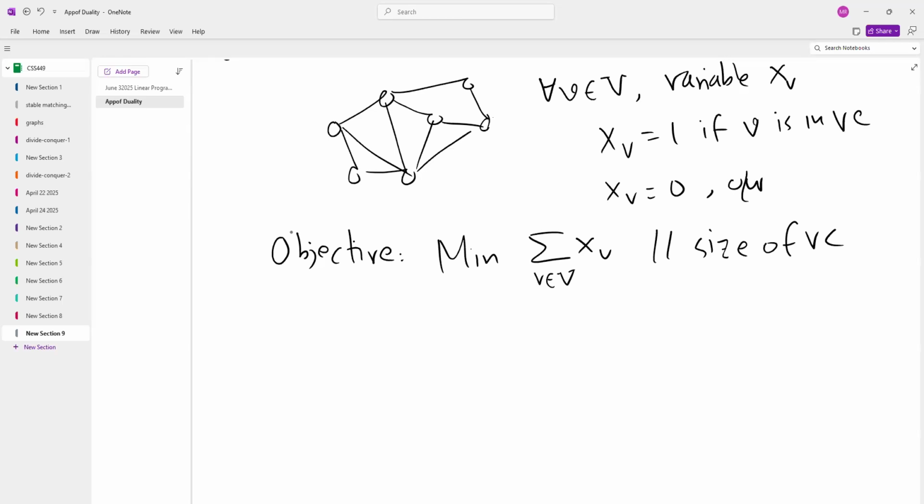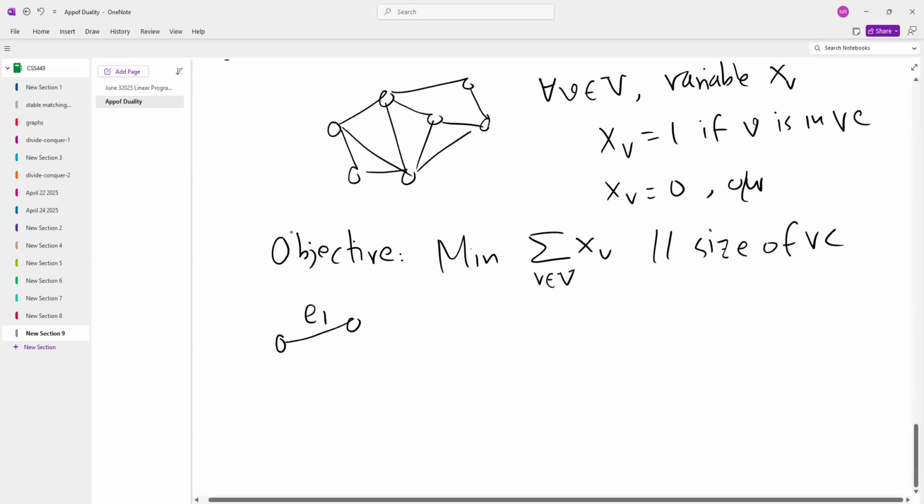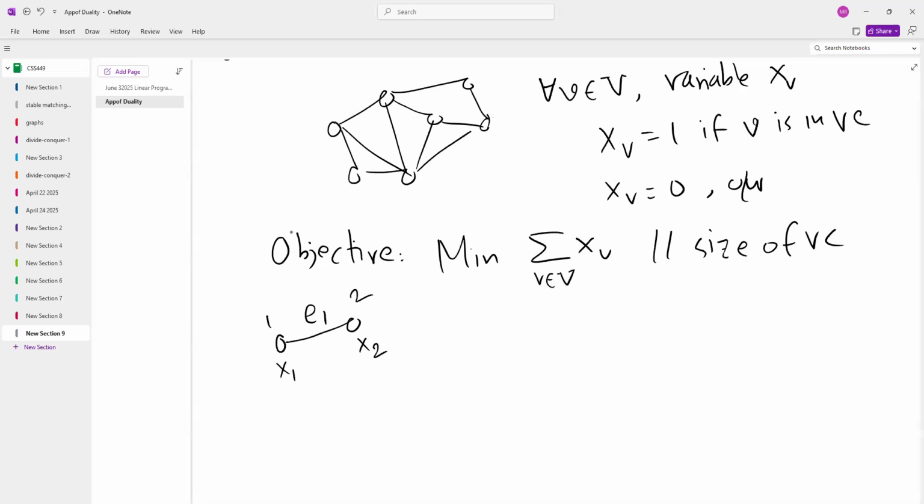So let's say we have this edge in the graph, E1, and this is vertex 1 and this is vertex 2. Then vertex 1 has the variable x1 and this has the variable x2, and if this edge is in the graph, then at least one of these needs to be chosen. If both of these variables are 0, then I haven't chosen anyone, so that's wrong. But if I choose this one as 1 and this is 0, that is okay.